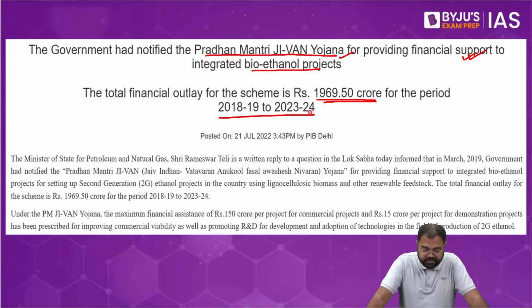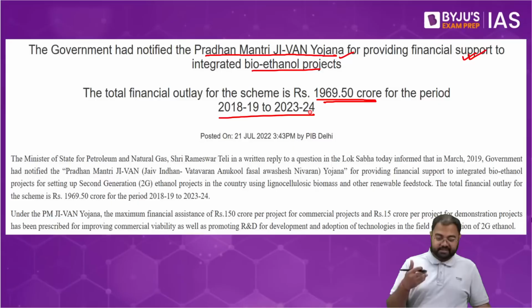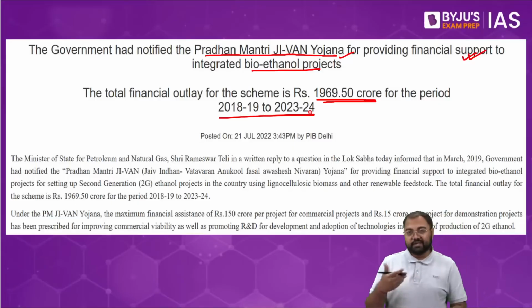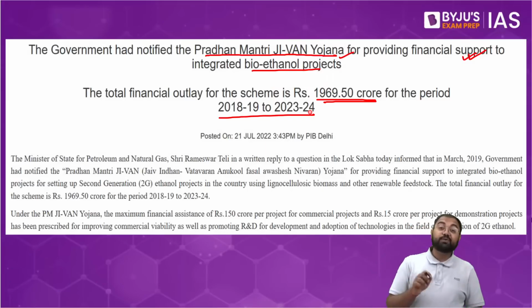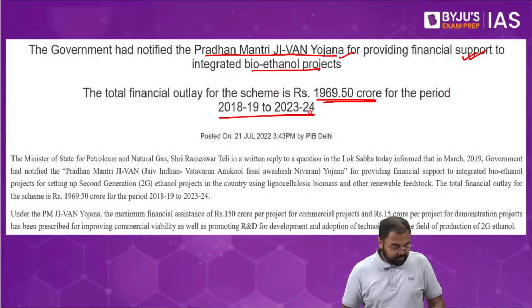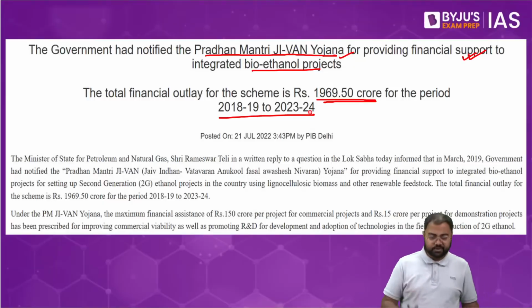So they are trying to set all these aspects up so that we can boost the total production, both for bioethanol as well as for biodiesel. So from both perspectives, this becomes very crucial.